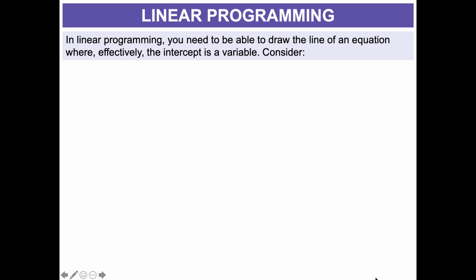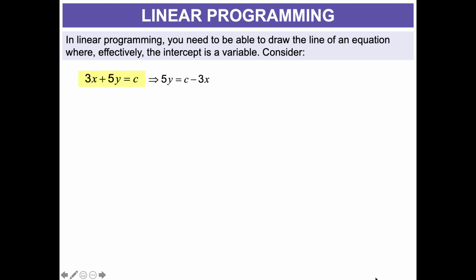In linear programming problems, you must be able to quickly sketch the graph or the line of an equation where the intercept is a variable. For example, consider 3x plus 5y equals c.